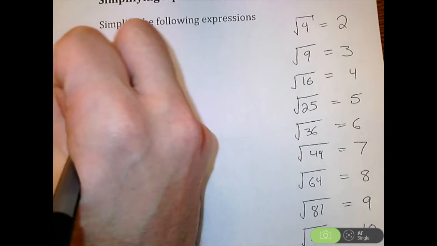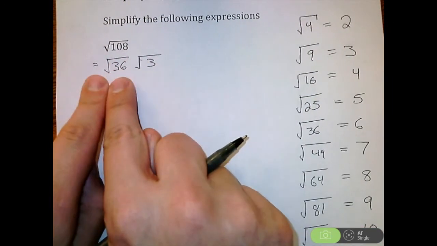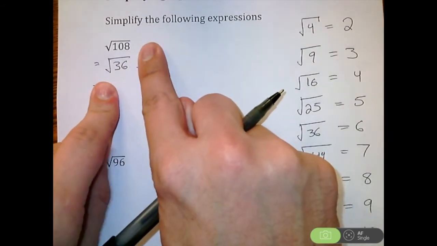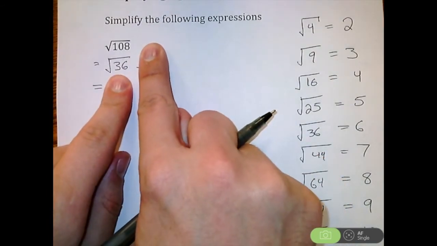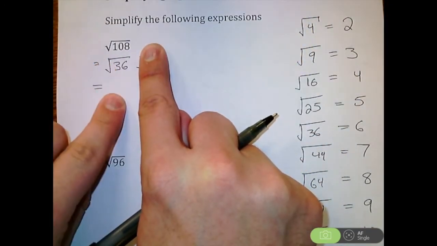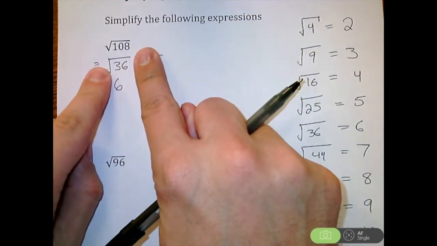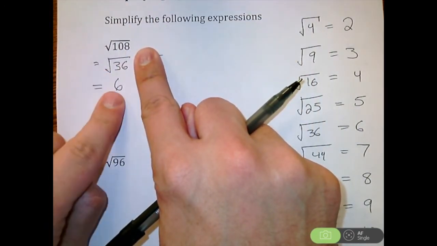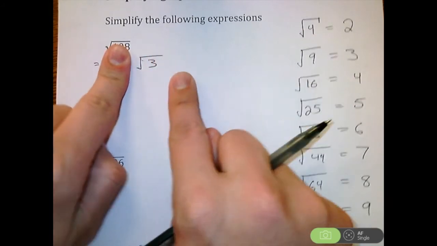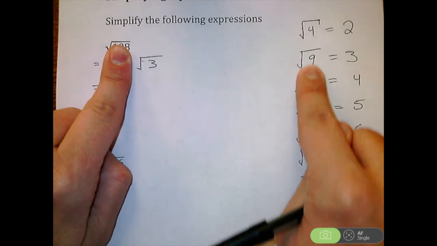As my next step, let's see if we can simplify any of these individual square roots. Over here on the left, I have the square root of 36. And hopefully you know the square root of 36 is actually 6. So right below this square root of 36, I'm going to put 6. Then we can focus on this other piece, the square root of 3. When I look at this list, I do not have the square root of 3.